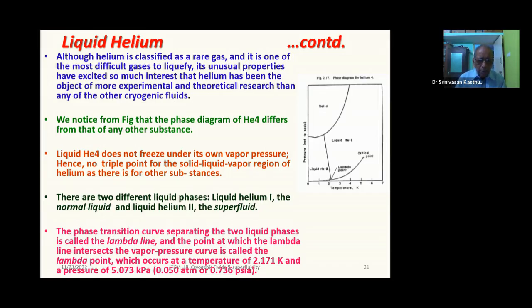The point at which the curve intersects occurs at a temperature of 2.174 Kelvin and a pressure of approximately 50 millibar. Okay, that's the sort of pressure at which this happens. So this will happen if you start with helium and start pumping on the liquid.